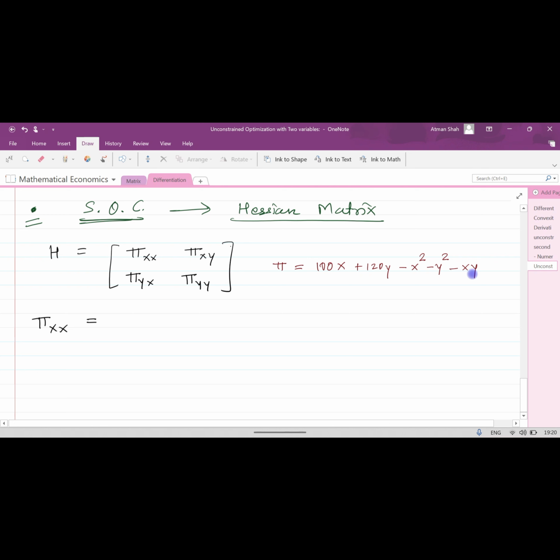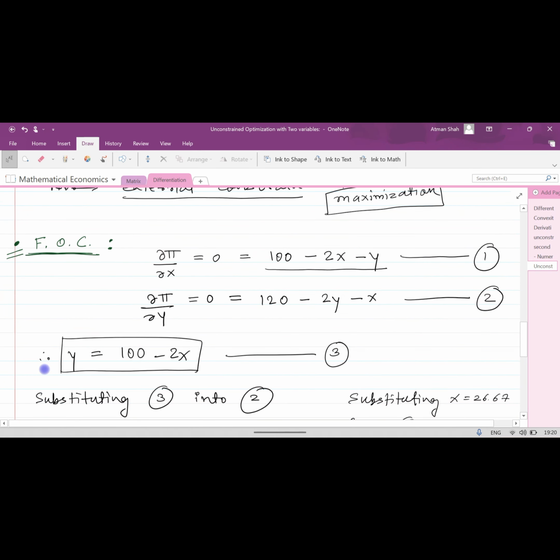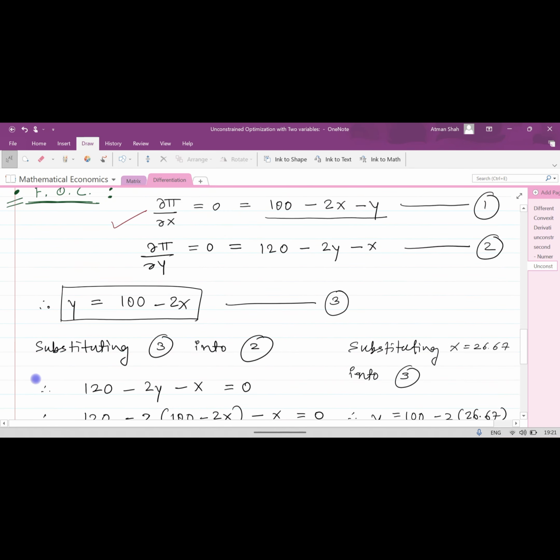Now we already have the value of del pi by del x and del pi by del y. So what is the first order differentiation? See, this is del pi by del x. It is 100 minus 2x minus y.